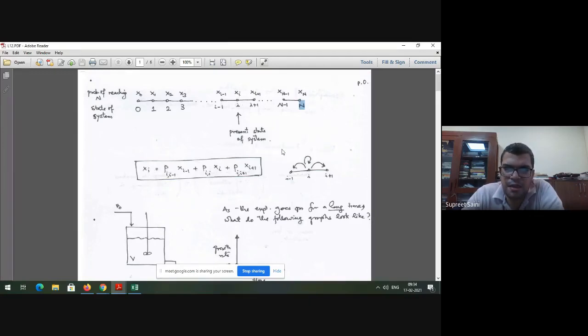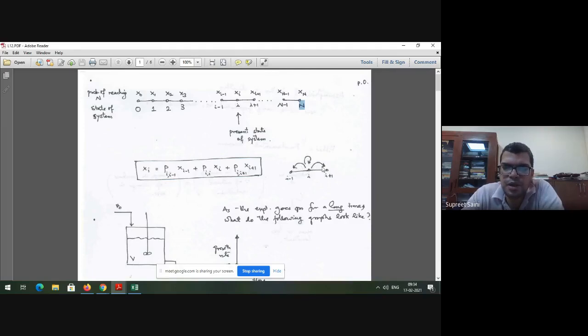The right hand side is tricky in the sense that if I'm at state I, then I know that in one time step, I will either be at I minus 1, at I plus 1, or I will remain at I. Those are the three fates of the system after one time step.